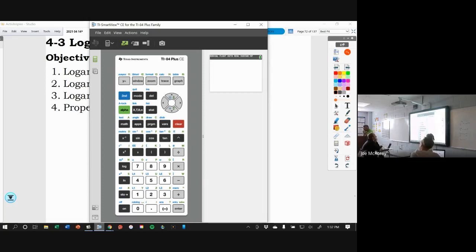Y'all should know the answers to this. There's something that must be true in order for a function to have an inverse. Say it again. What must be true for a function to have an inverse? It has to be a function.